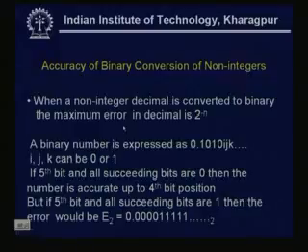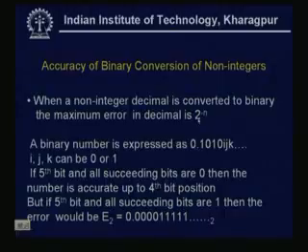If I take 5 digits after the decimal point, I will get a more accurate result, instead of taking a 3 digit value. The maximum error in this decimal is defined as 2 to the power minus n if it is truncated by n bits.